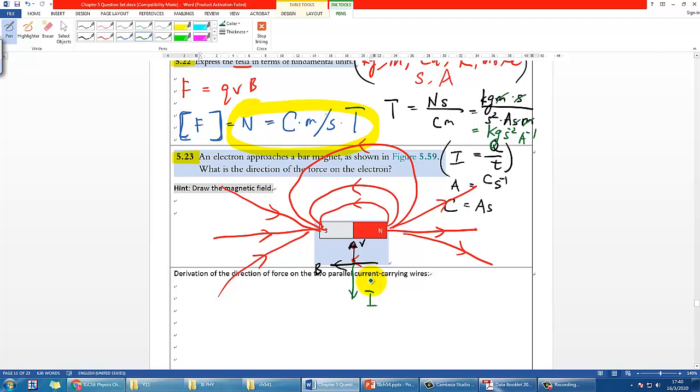B is going to the left, I is going down, so you should have your thumb pointing towards the paper. So towards the paper I would draw as a cross, and so the answer for the force is into the paper. So this is how you determine the direction.